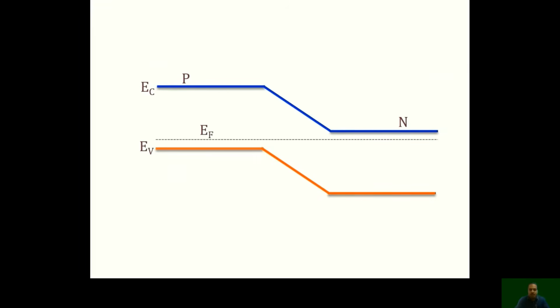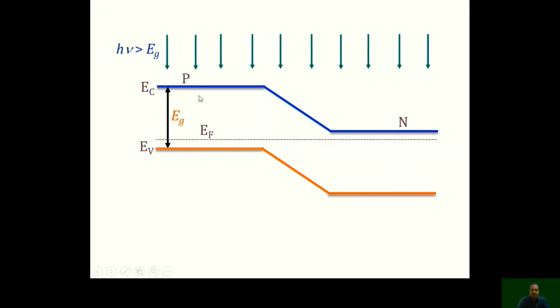Now let us have a look at the band diagram of the PN junction and what happens to the PN junction when we shine light on it. This is the conduction band and the valence band of the p-side semiconductor, and this is the valence band and the conduction band of the n-type semiconductor. We can see the Fermi level is equilibrating across the junction. When we shine light having energy more than the band gap of the material, electrons and holes are generated.